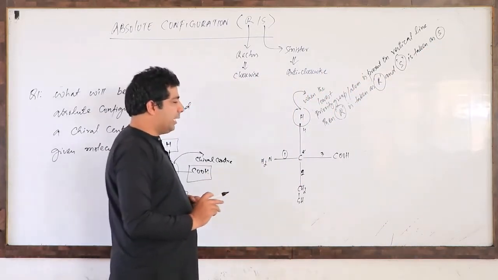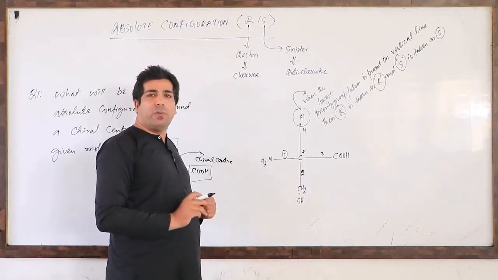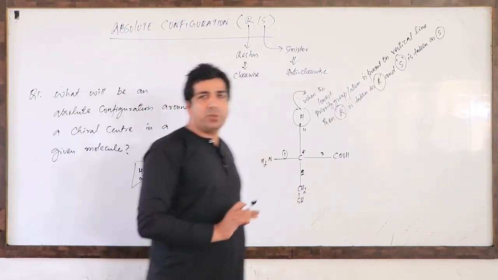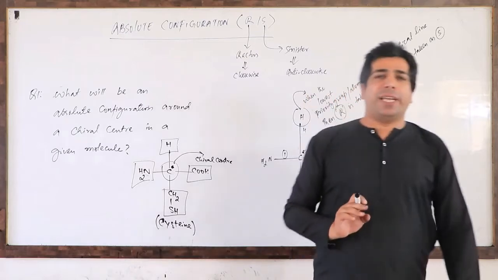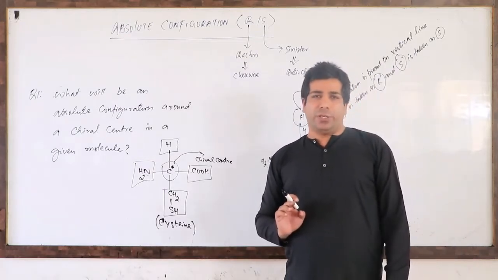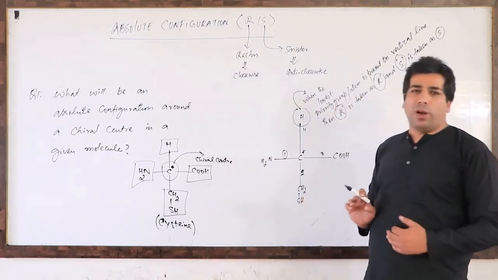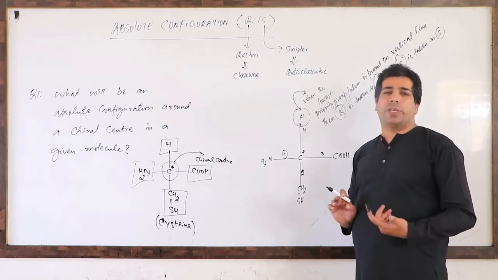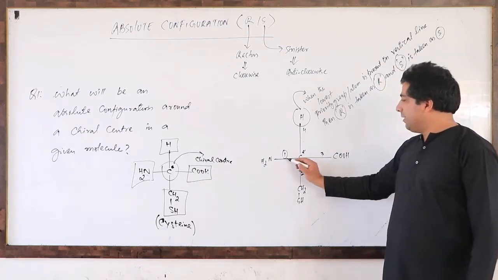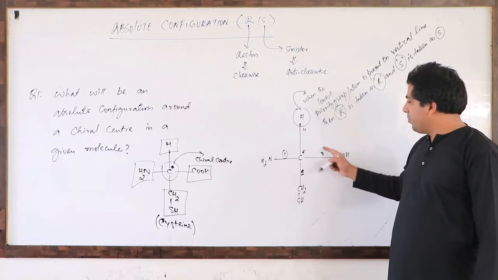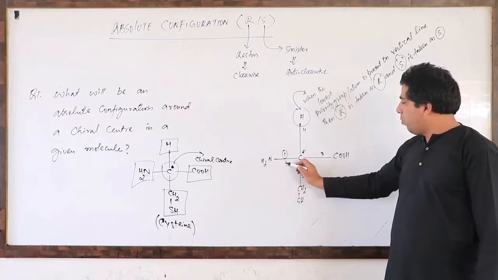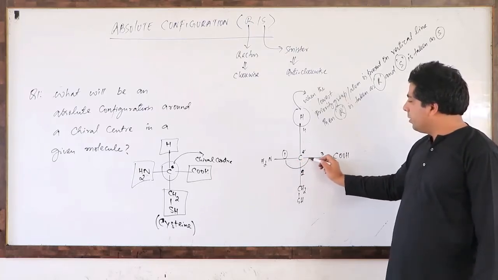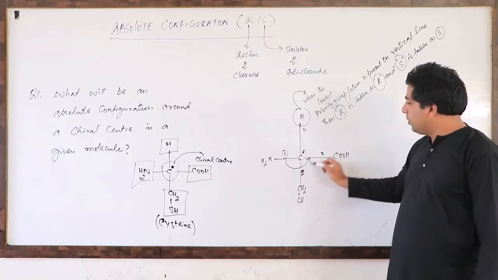So have a look. We know that we have to move from 1 to 3 to find out the absolute configuration. Correct? So let us move from 1 to 3 to find out absolute configuration. This is our 1, this is 2 and this is 3. So our movement should be from 1 to 3.